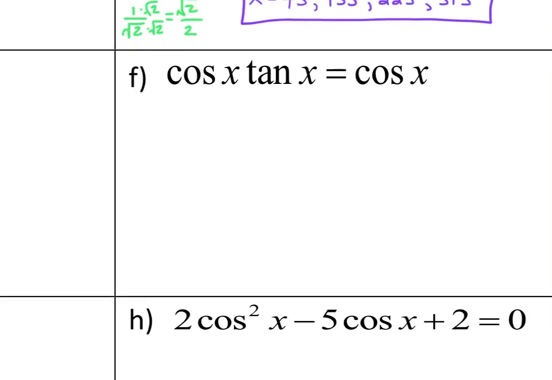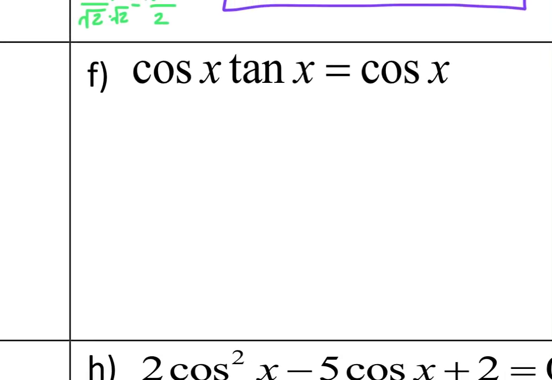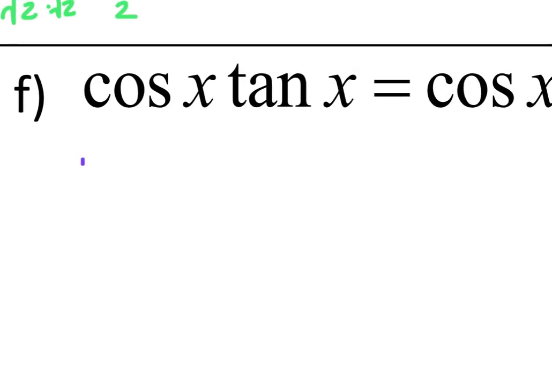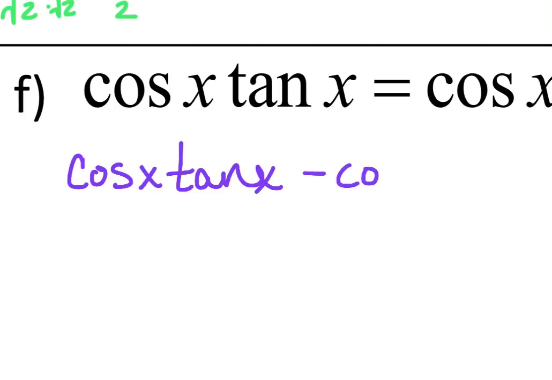For letter F, remember that you cannot divide by a trig function, because a trig function could equal 0 and you can't divide by 0. So in this case, you're going to subtract cosine of x from both sides. So you're going to rewrite this as cos x tan x minus cos x equals 0.